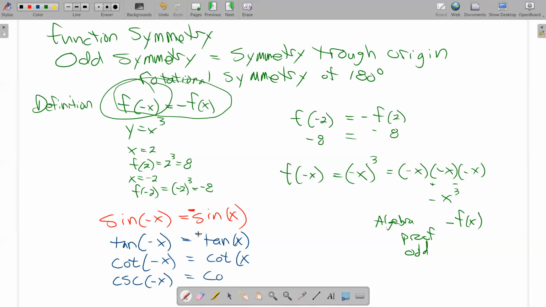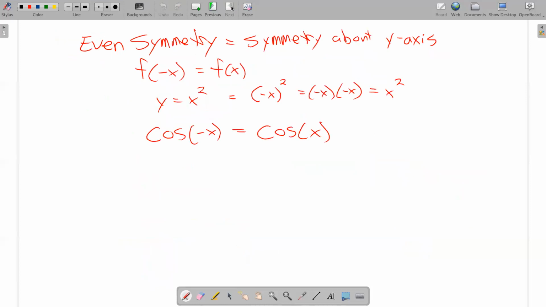Oops, and I'm forgetting something. Negative, parentheses, negative cosecant of x. So those are all odd symmetric. Even symmetric, we've got the cosine, and we've got the 1 over cosine, secant, because of that reciprocal relationship between cosine and secant.